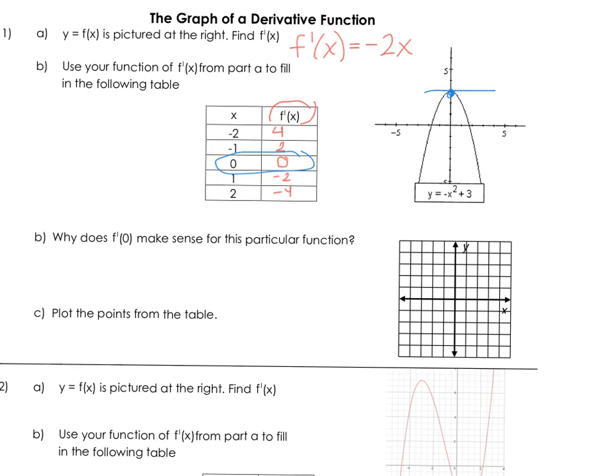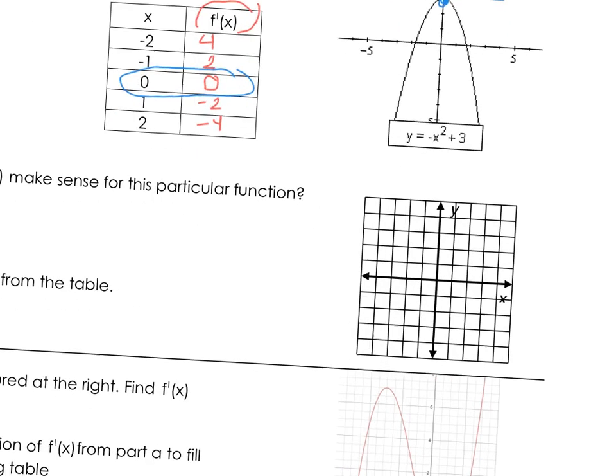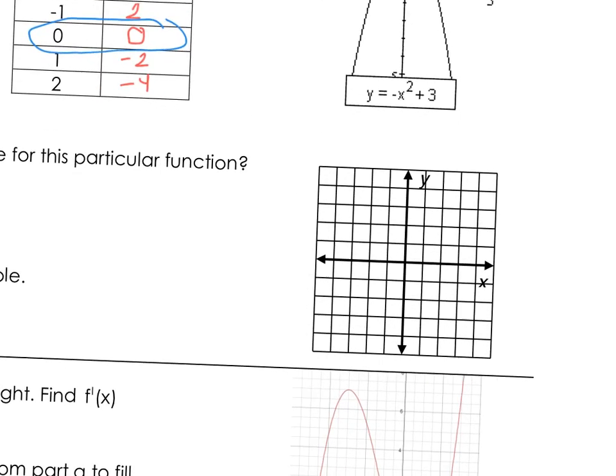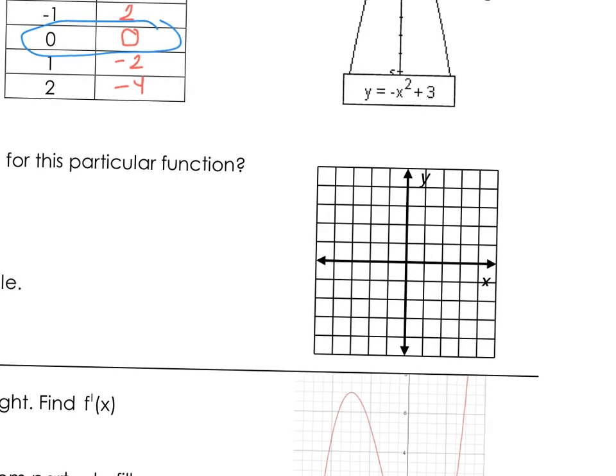Okay, now I'm going to plot the points from the table, and this is going to be what the derivative looks like. Okay, so I'm going to make this a little bit bigger, and I'm going to plot the points from the table right now. Okay, first point, negative 2, 4.